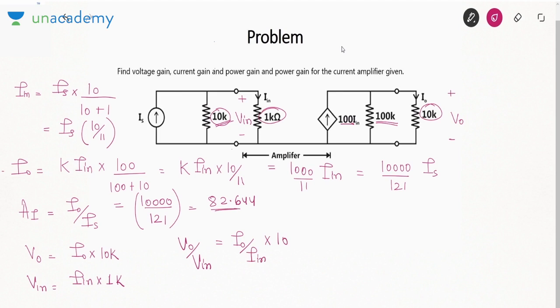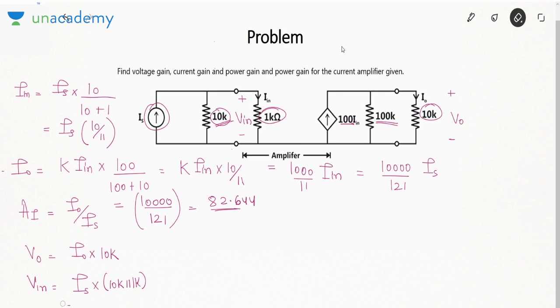Or basically let us now go like this. Vin will be Is, this current, into 10 kilo ohm parallel 1 kilo ohm. That is how much? I am going in terms of Is because I know I naught by Is. So Is into 10 by 11 kilo ohm.